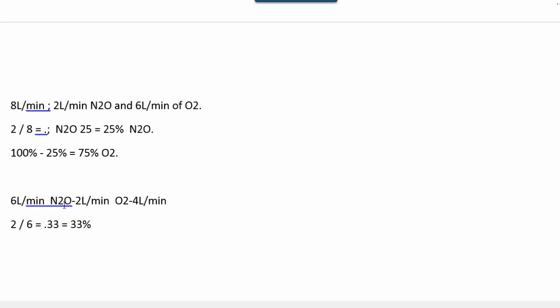So they received 33% nitrous oxide. To determine the percentage of oxygen, you just subtract your 33% nitrous from your 100% gas, and you get 67%.